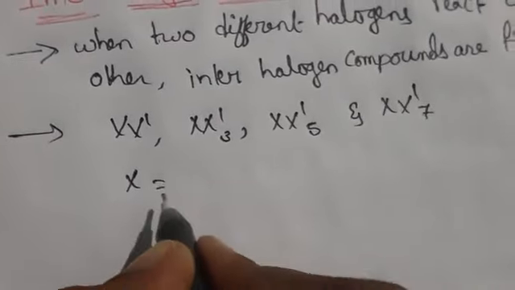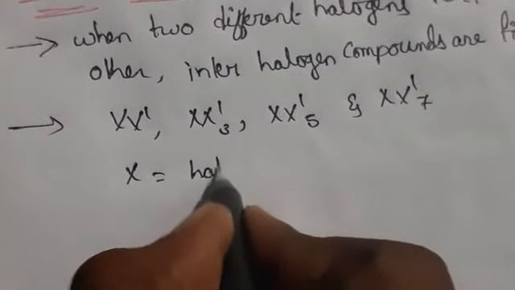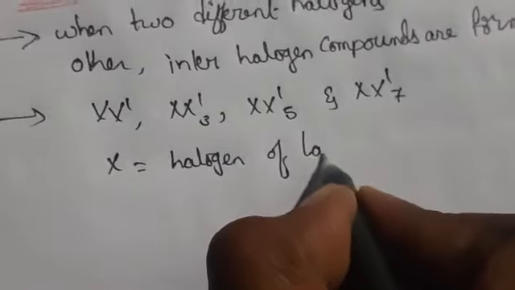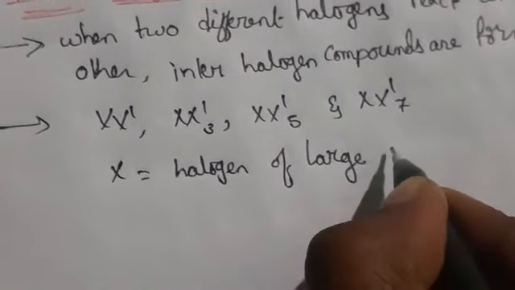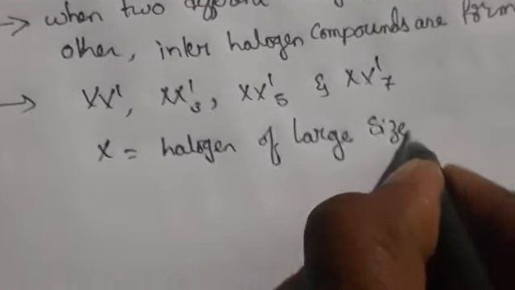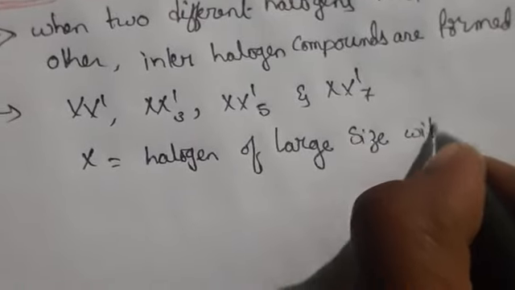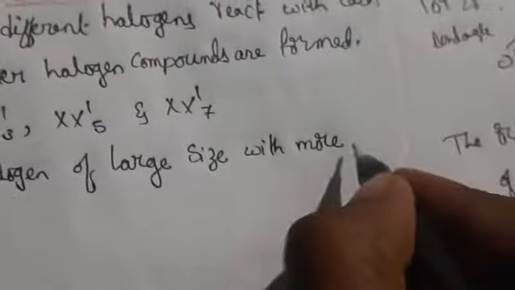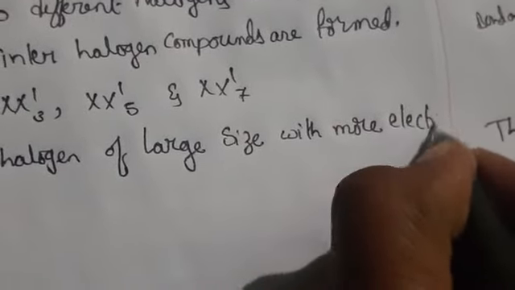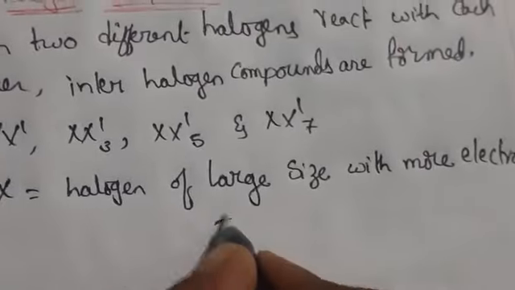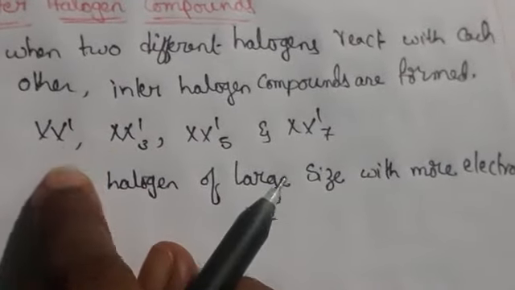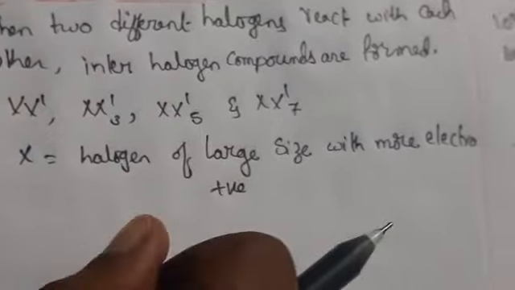Here X is the halogen of large size, with more electropositive nature. So it is having more electropositivity and the size is also more.